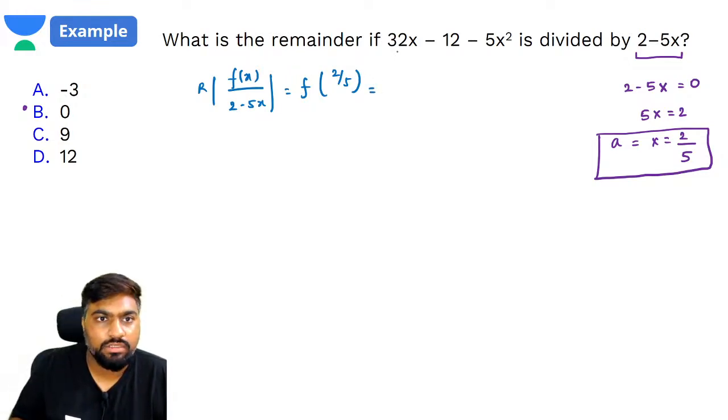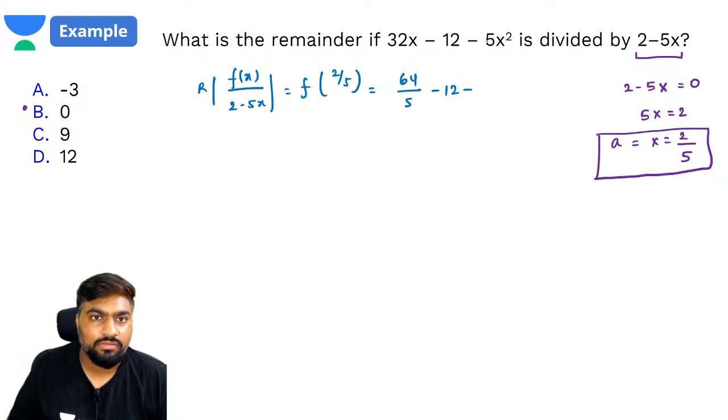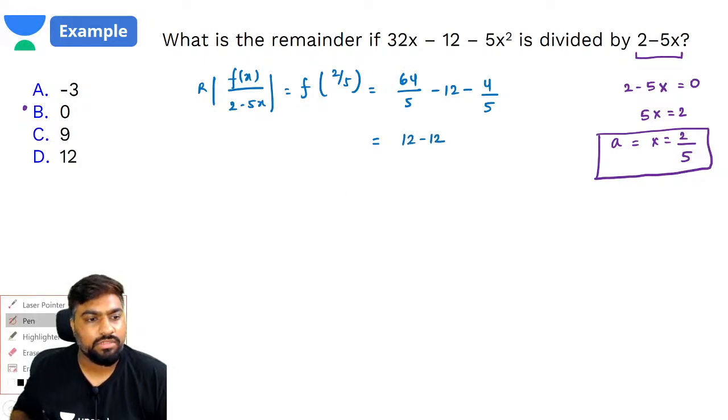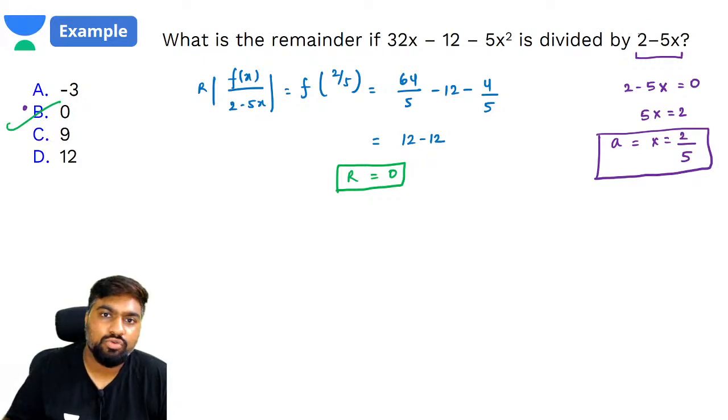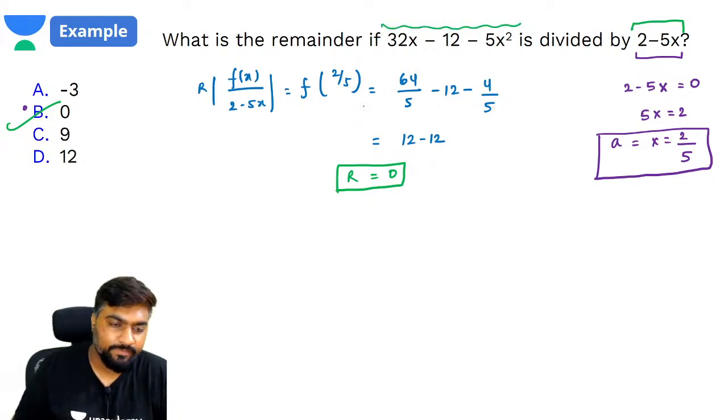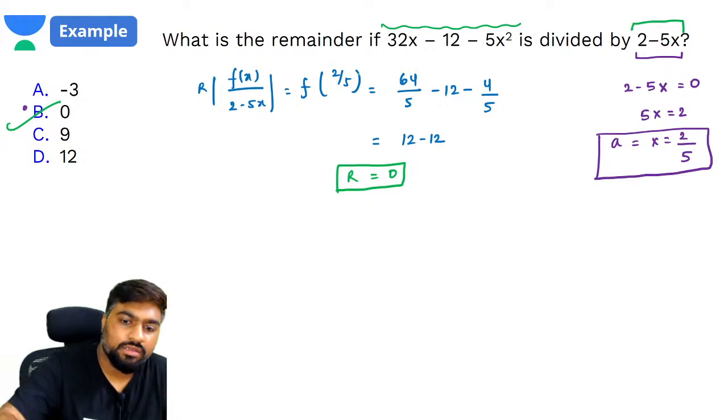This will give us what? 32 into 2 by 5, 64 by 5 minus 12 minus 4 by 5. 60 by 5 minus 12, 12 minus 12 is equal to 0. So the remainder is 0. That means, what does it mean? It means 2 minus 5x can easily divide 32x minus 12 minus 5x square. Yes, done.